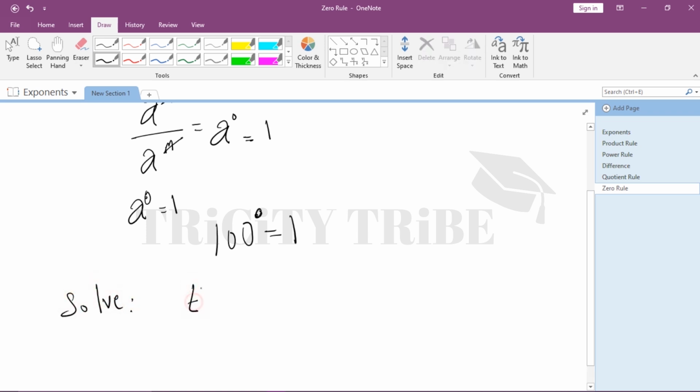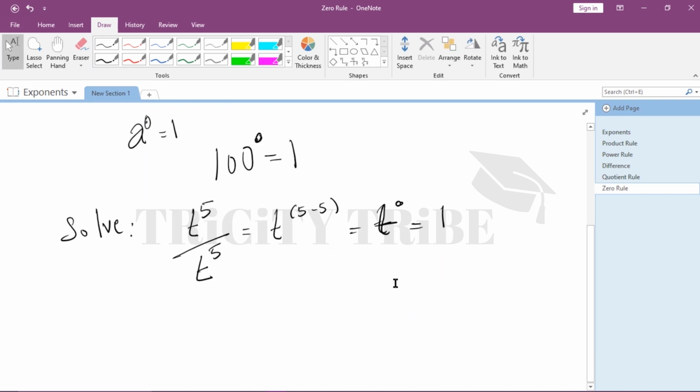Let's solve this. We have t raised to the power 5 over t raised to the power 5. That gives us 5 minus 5, which is 0, and that's 1. What about this?